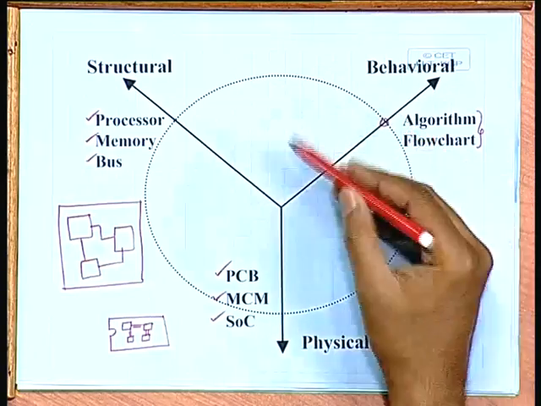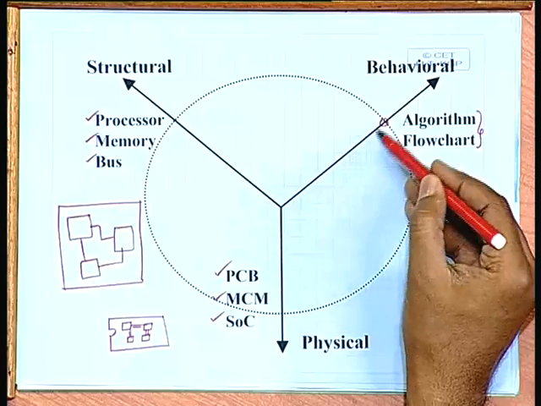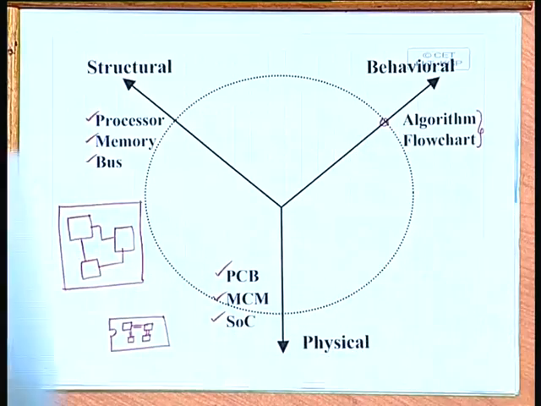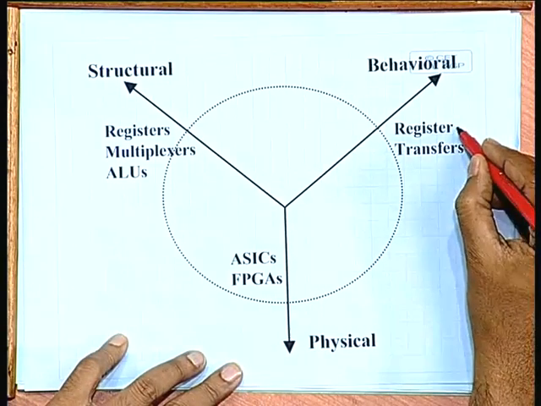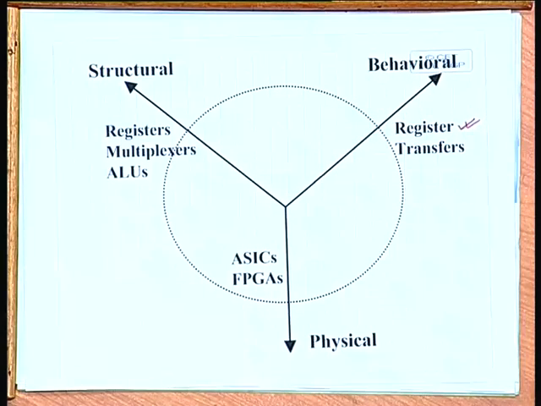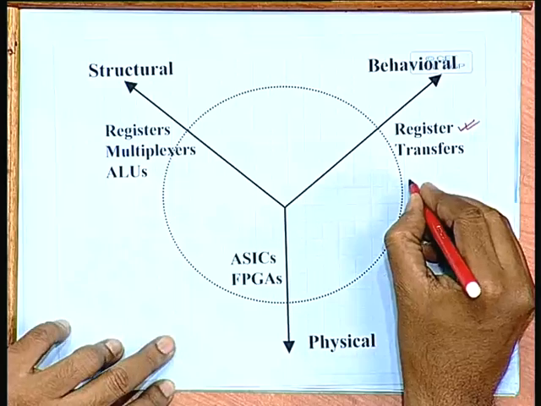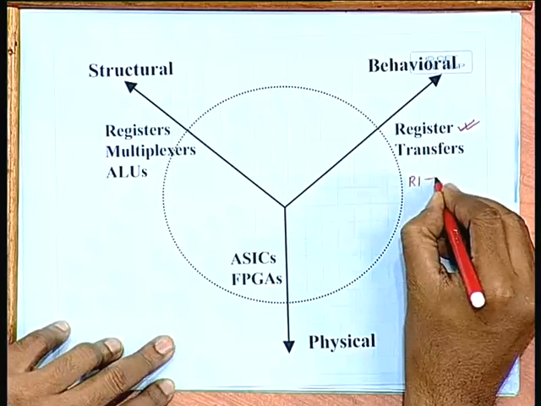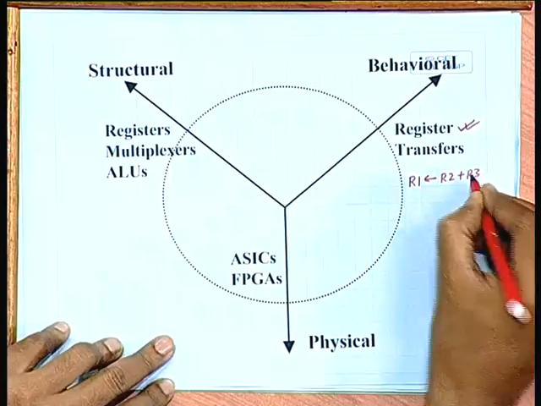Well, now after this, as we go towards the center, the next natural level of detail that we can go into is the so called register transfer level design, at the level of the behavior. Now, register transfer level designs will look something like this. Suppose R1 assigned R2 plus R3.